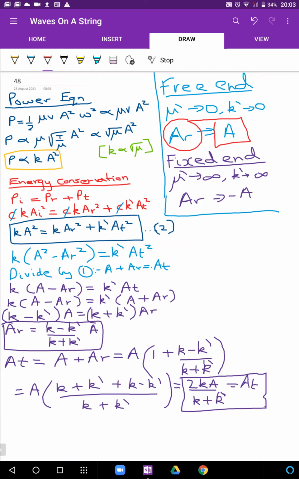You can see them interfere constructively, and reflected wave का A and incident wave का A मिलके two-way हो रहा है free end में. और fixed end में उल्टा है. Fixed end में reflected wave का -A और उसका +A combine होके 0 ही होता है और हमेशा उस end का displacement 0 होता है.